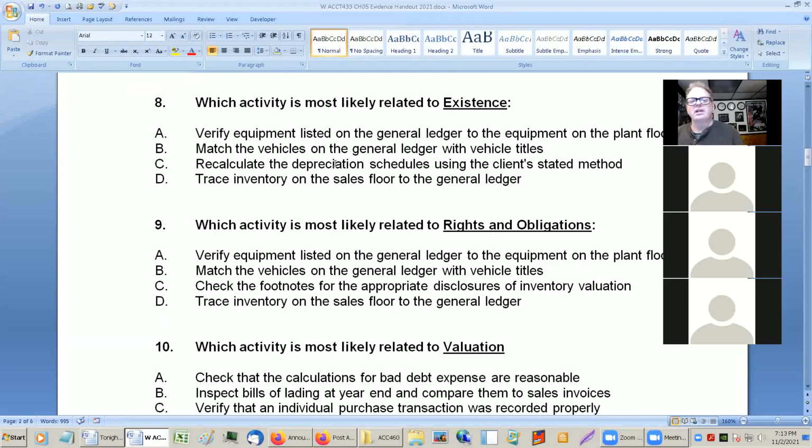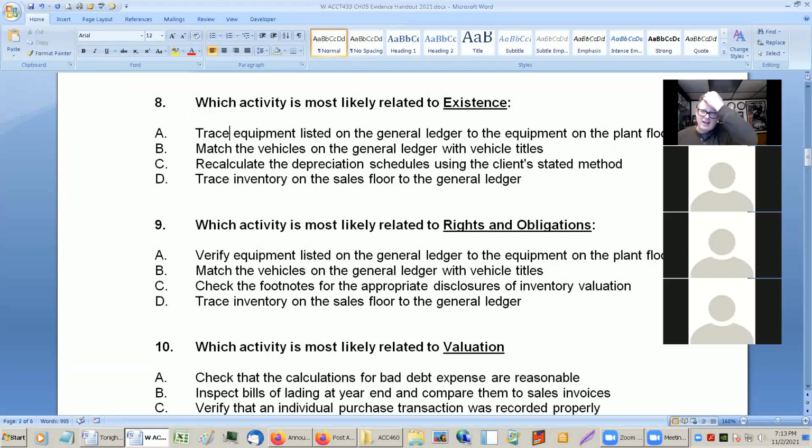Actually, D would be completeness. I wrote this badly. It's the first one here. This shouldn't say verify. This should say trace or something. Let's change this one to trace.